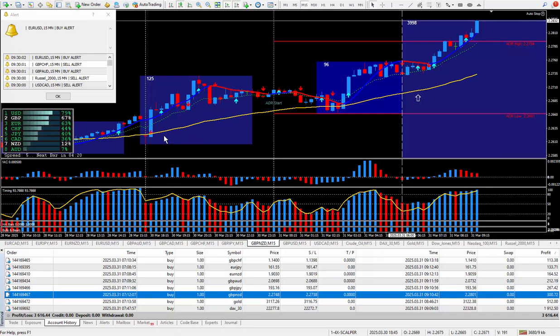As a general rule, that one does not move to my satisfaction. I'm interested in instruments that are going to move a fair amount. And of course, the best ones to do are the futures and the indexes.